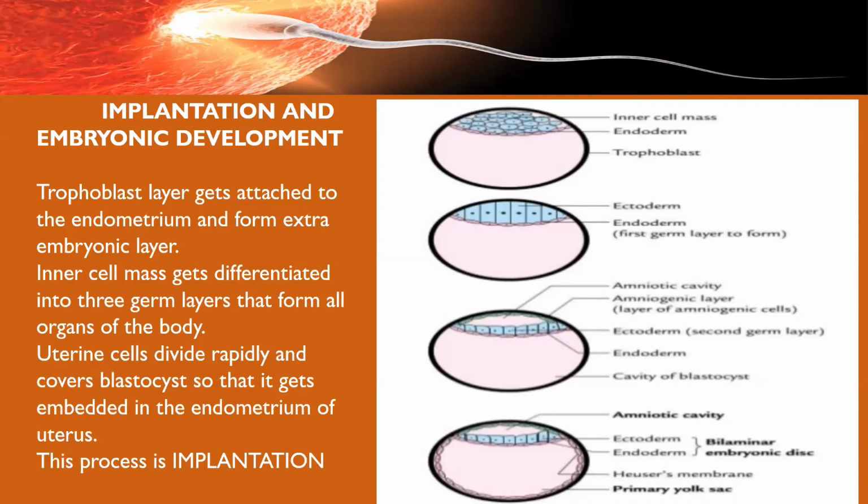All body organs are made up of these 3 layers only. There are lower organisms like coelenterata which are diploblastic. They just have 2 layers, ectoderm and endoderm. So here you can see the formation of ectoderm and endoderm layers, and in between these 2 layers, mesoderm is formed.